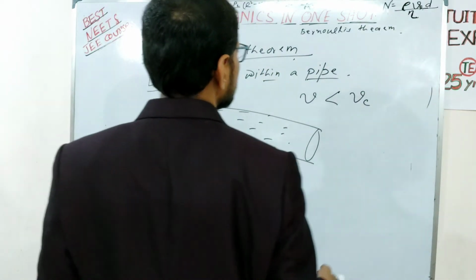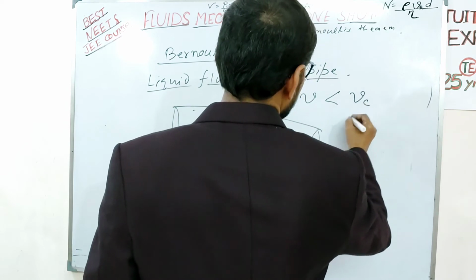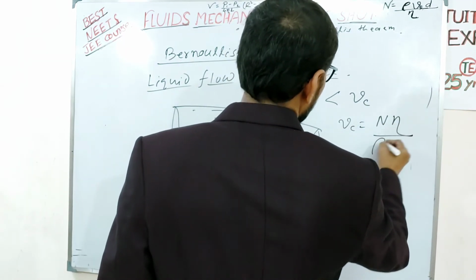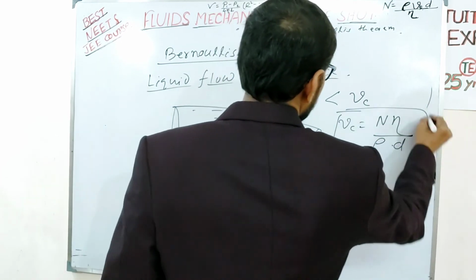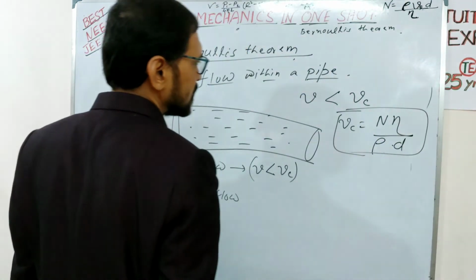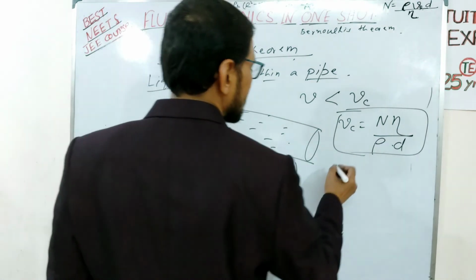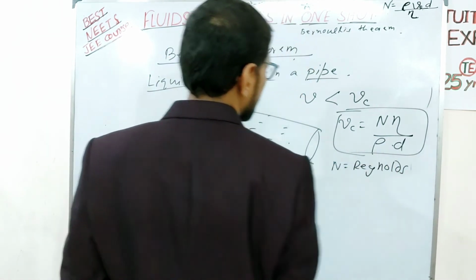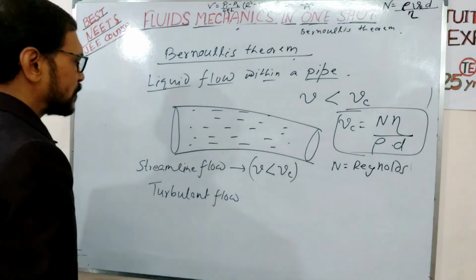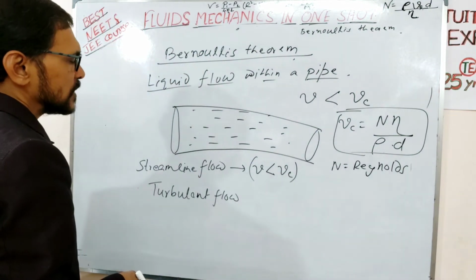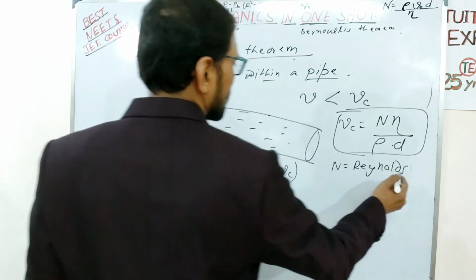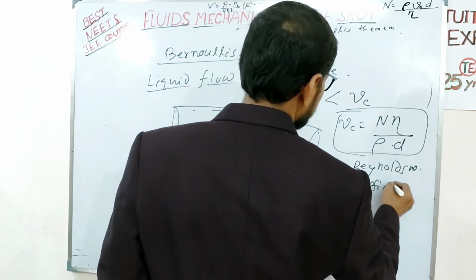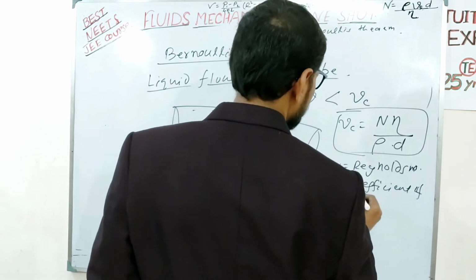The critical velocity has the formula n eta by rho d. What is n? N is the Reynolds number, a number which defines what the type of flow of liquid through a pipe will be. Eta is the coefficient of viscosity of the liquid.